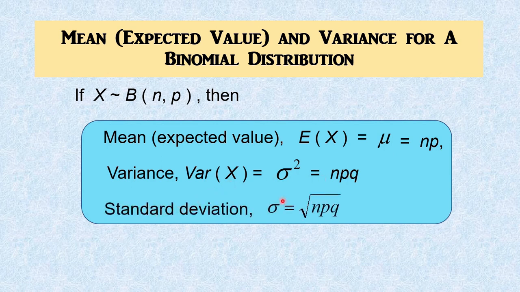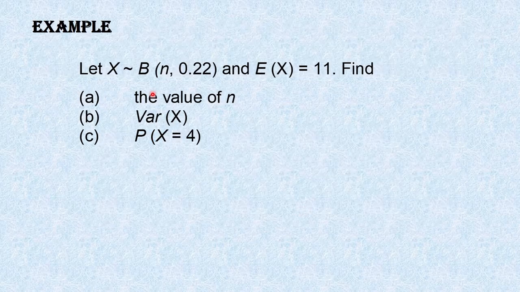Standard deviation sigma is equal to the square root of n times p times q. Example: if X is a binomial distribution and the probability is 0.22 and the expected value is 11, find A, the value of n, B, the variance, and C, the probability X equals 4.